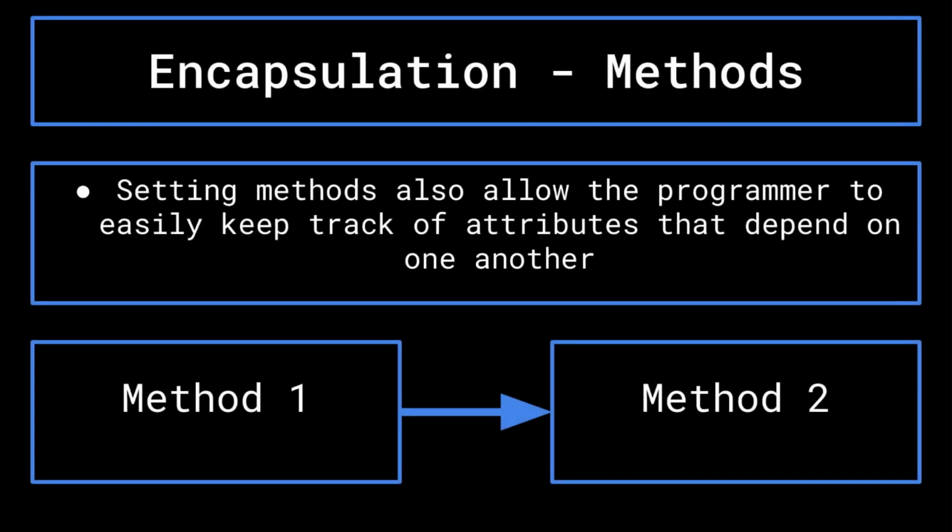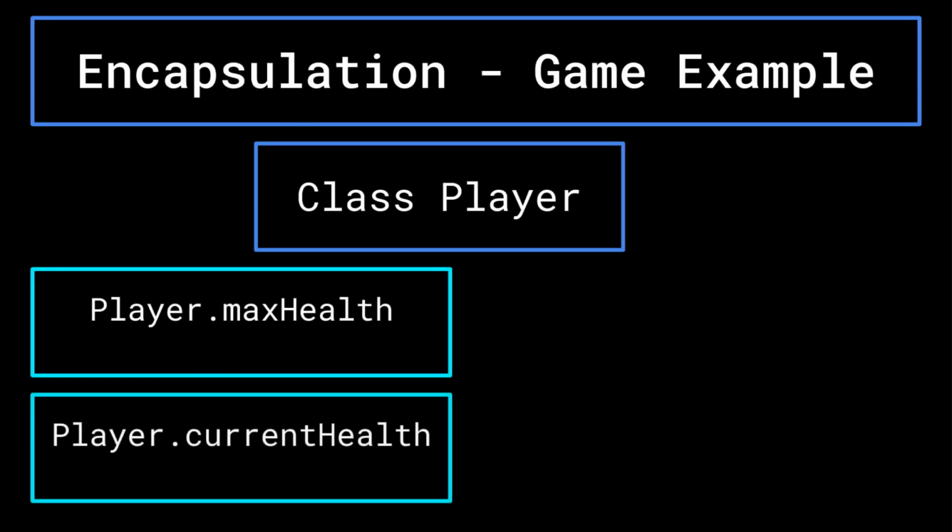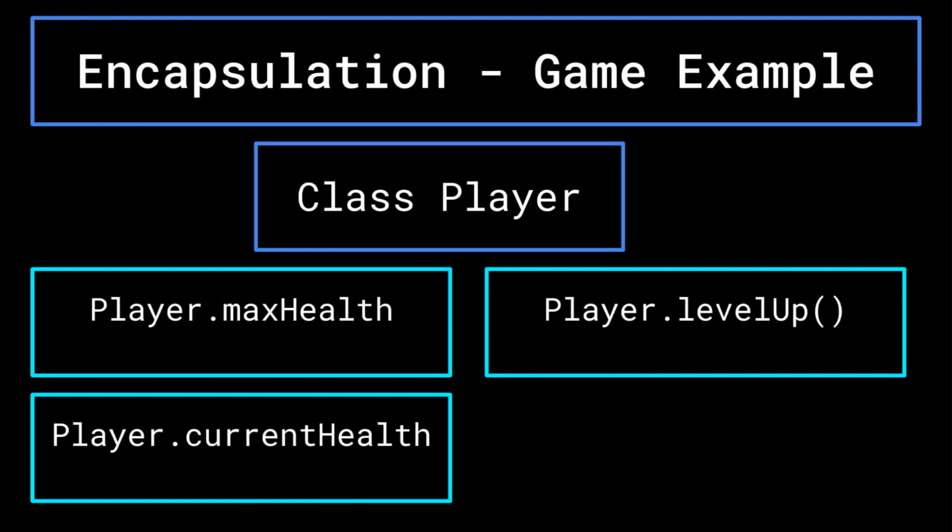Additionally, this makes it easiest to keep track of attributes that depend on one another. For example, if I was programming a game, I may have 2 different attributes for the player's health, max health and current health. When the character levels up, I may have their max health increase as well. When this happens, I would want the current health to be set to the maximum health.